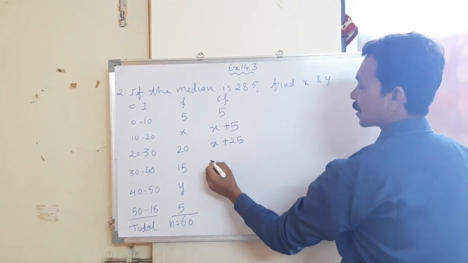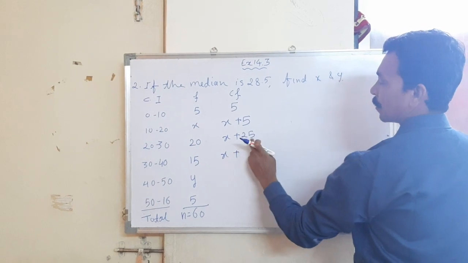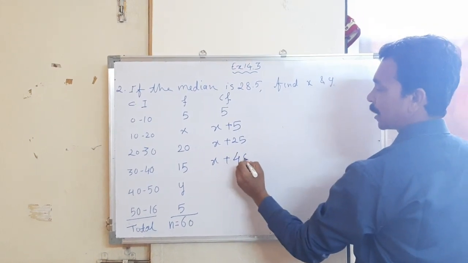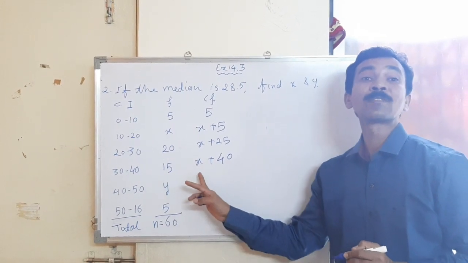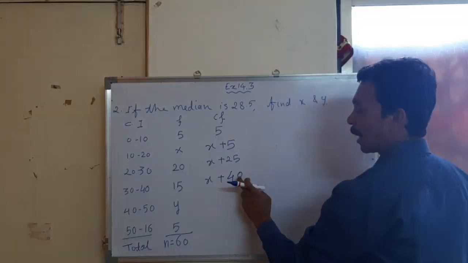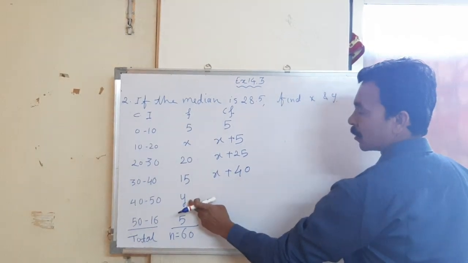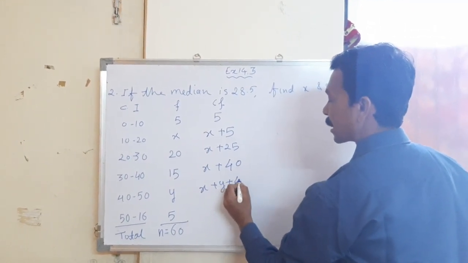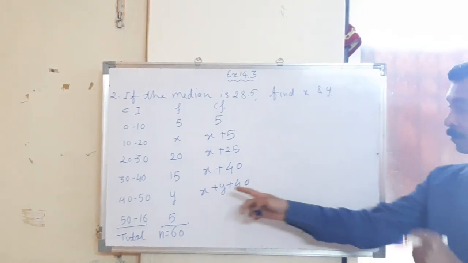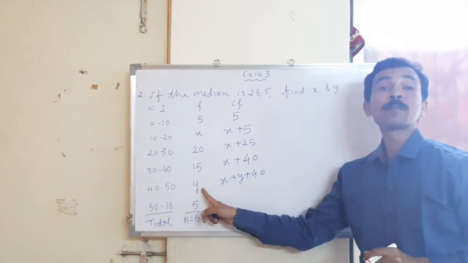Now the next CF is x plus 25 plus 15 is x plus 40, because we cannot add variable and constant. So x will remain as it is. Now I will add x plus 40 plus y.